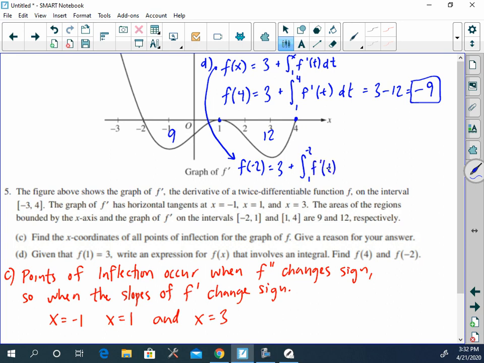F prime is just this graph. And a lot of you might want to flip this because it makes a lot more sense to flip it a lot of the time. So if I want to flip the integral, I have to change this positive to a negative, and then I'm going from -2 to 1.